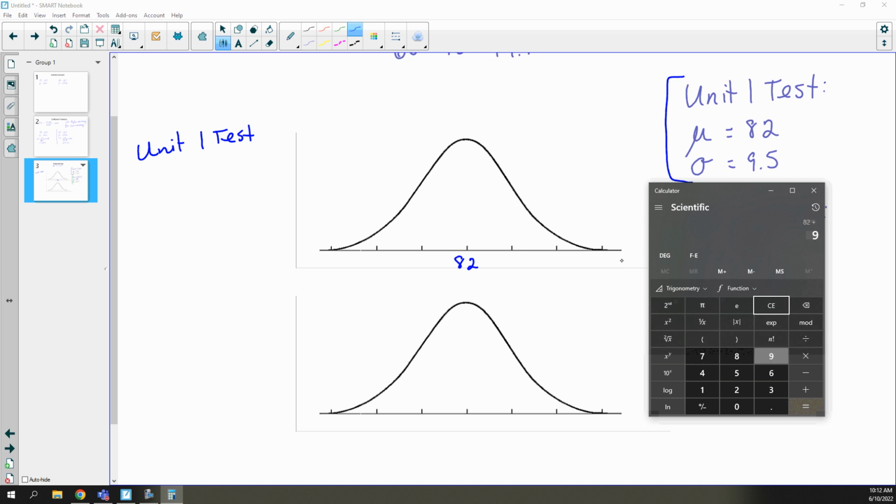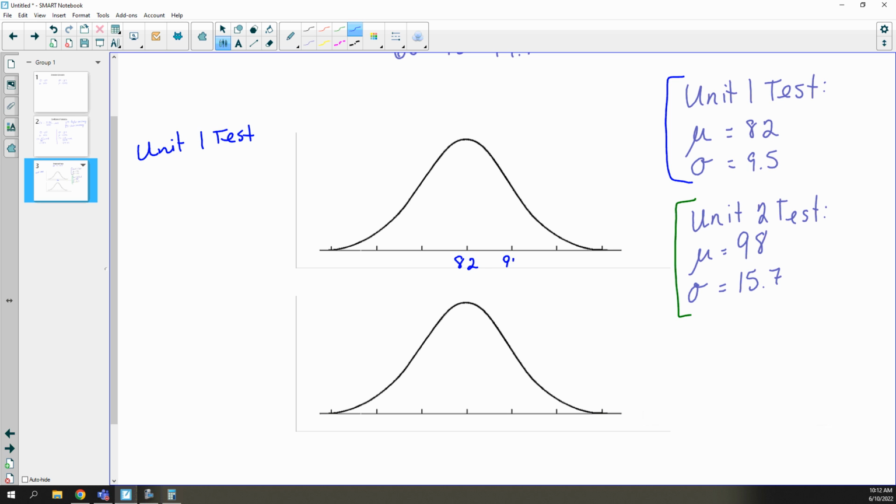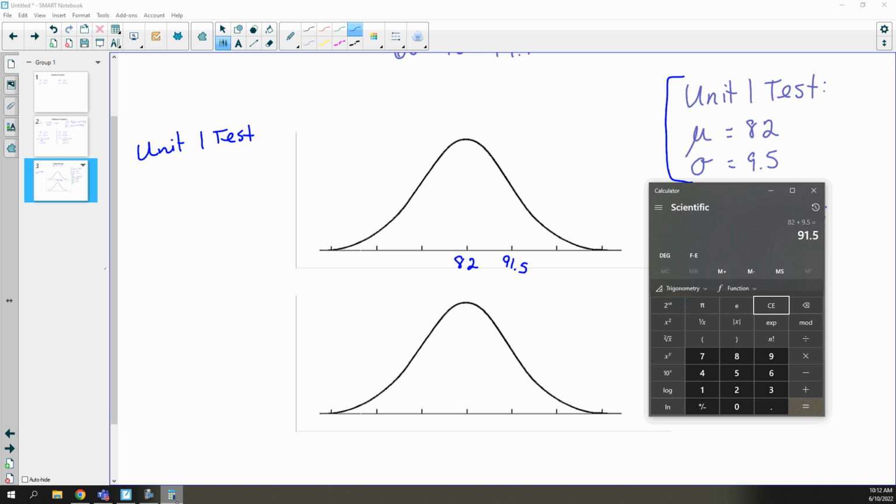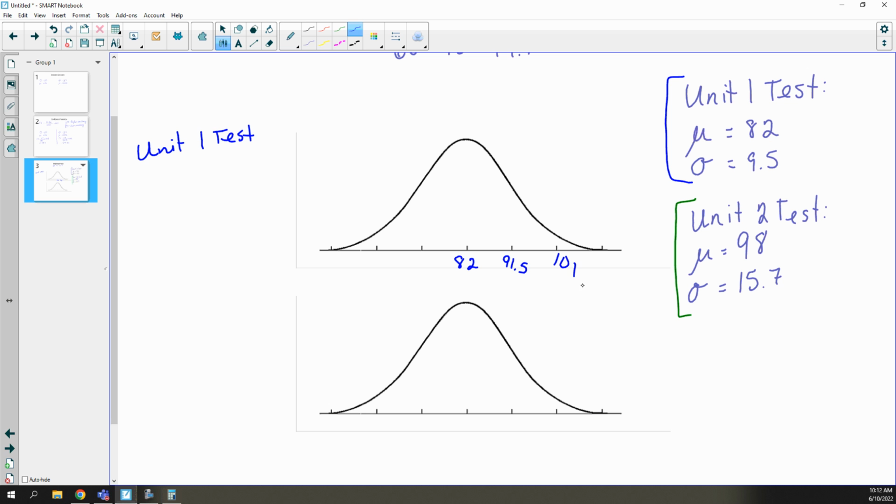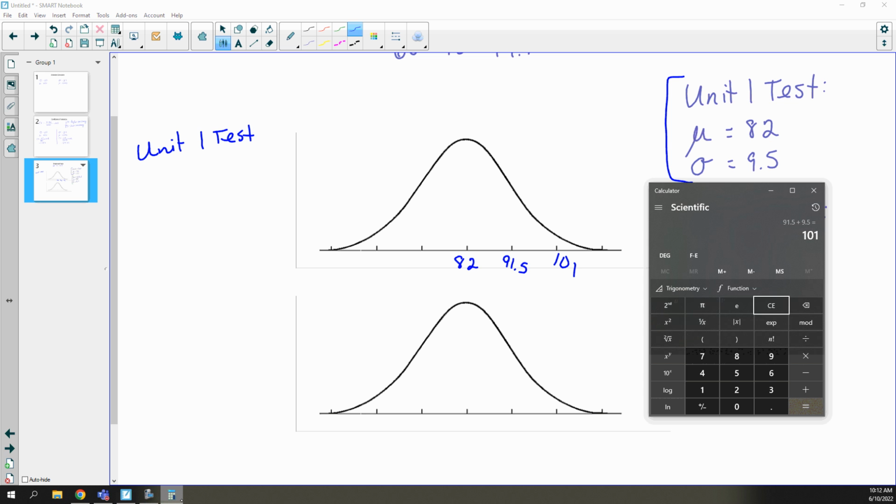I have plus 9.5, so this first one would be 91.5. Then to get two standard deviations above the mean, I would add another 9.5, and you'll notice that brings us to 101. And same thing again, to get the third standard deviation above the mean, you would add another 9.5.